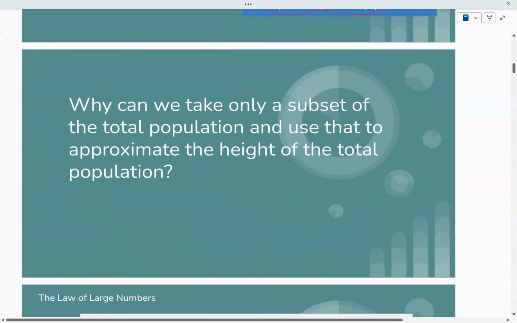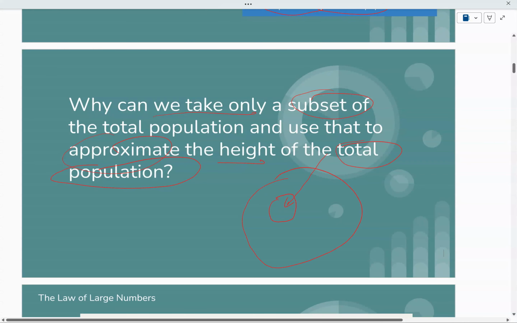So how do we know that that is true? Why can we take only a subset of the total population and use that to approximate the height of the total population? If this is the total population, how do we know that we can just take a small subset of it and it will be representative of the larger set?